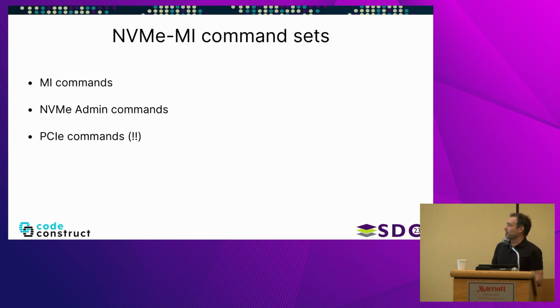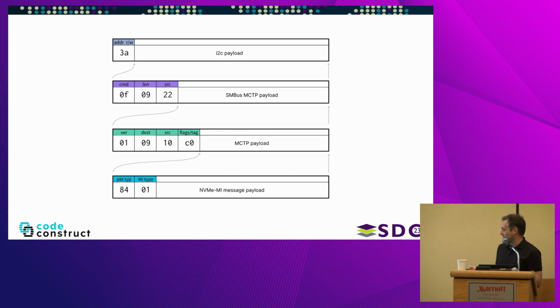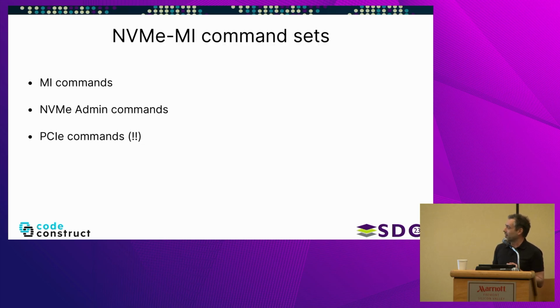Within MI, I mentioned that type field earlier, this one here. Within MI, we have options of different command sets that we can run over these MI messages. The first, and the default, is our set of MI commands. We also have the option of sending actual NVMe admin commands over this MI interface.